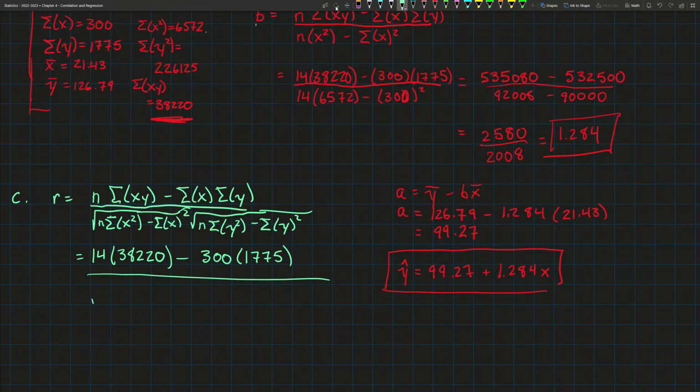On the bottom, we get the square root of 14 times the sum of x squared, which is 6572, minus the sum of x, squared, which is 300 squared, and all that times the square root of 14 times the sum of y squared, 226,125, minus the sum of y, squared.